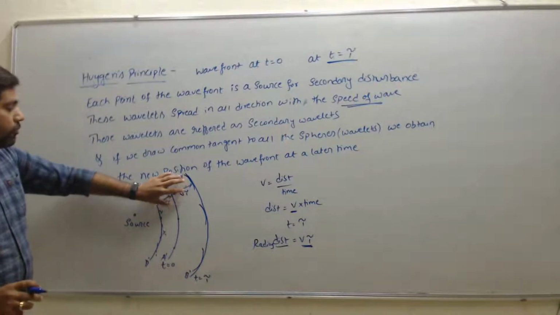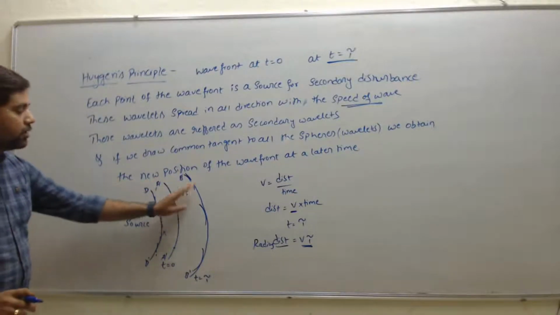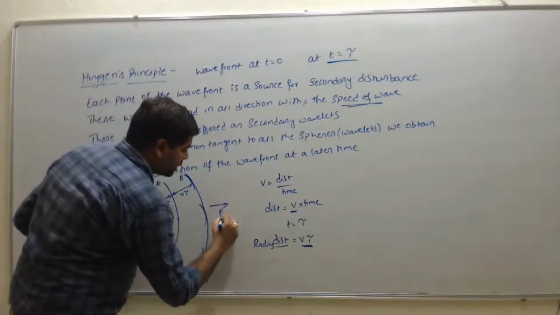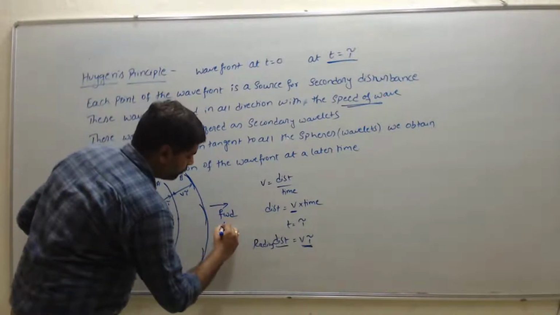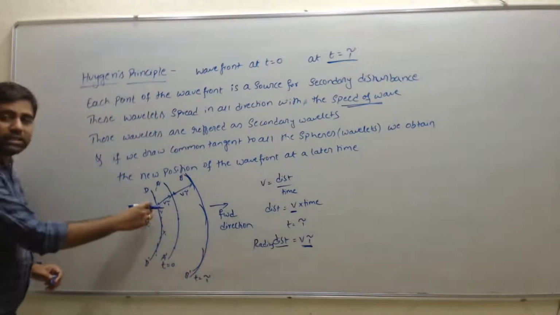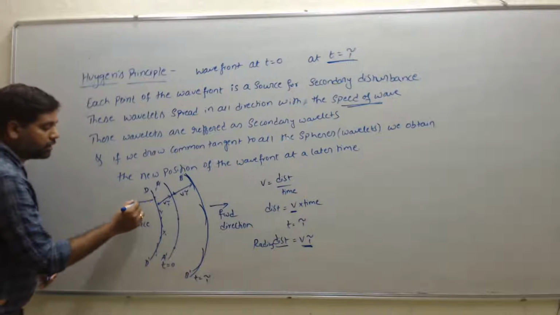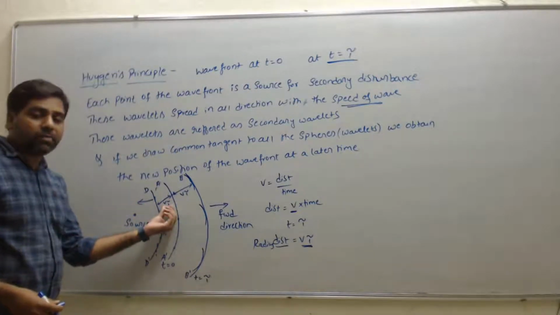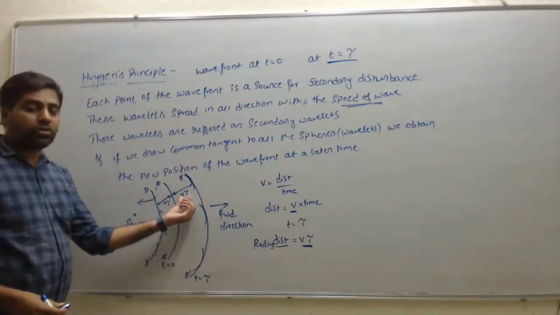So from drawing the sphere, we get two wavefronts. One is traveling in the forward direction and another one is traveling in the backward direction, with the same distance v into t.